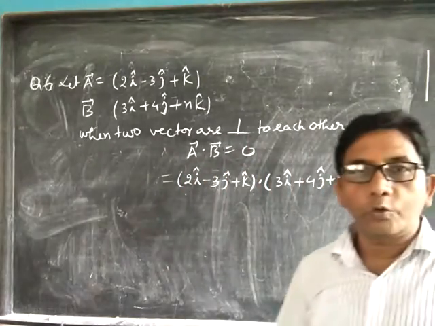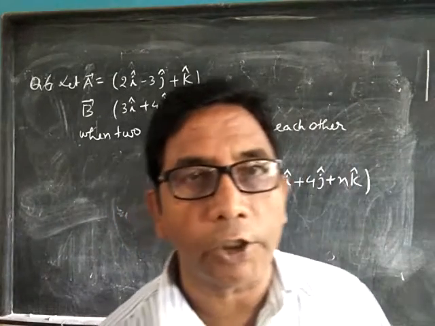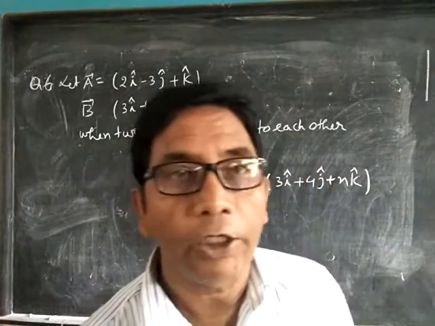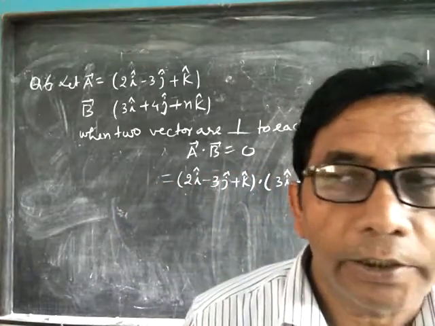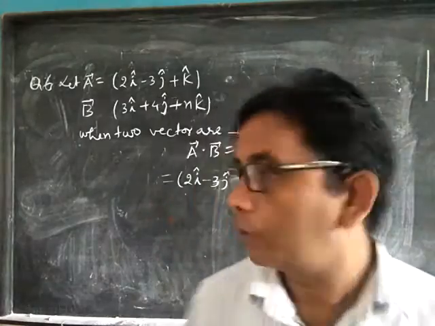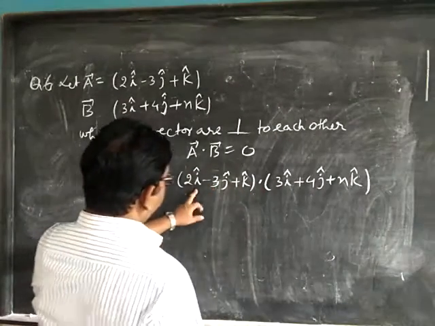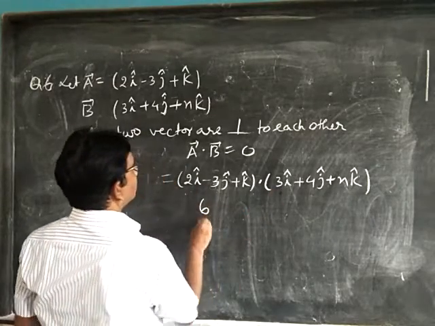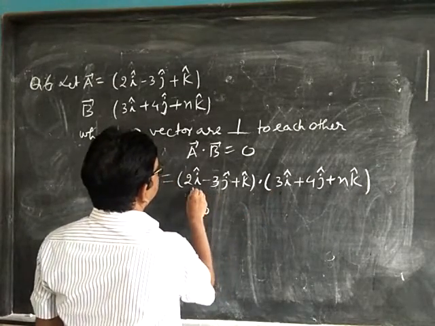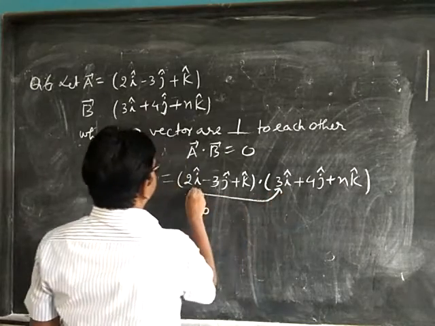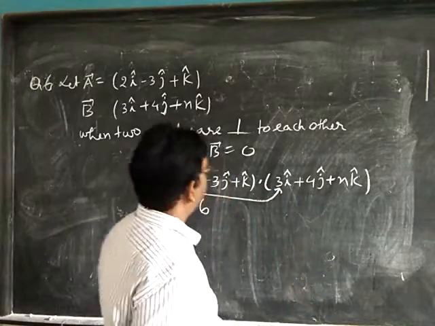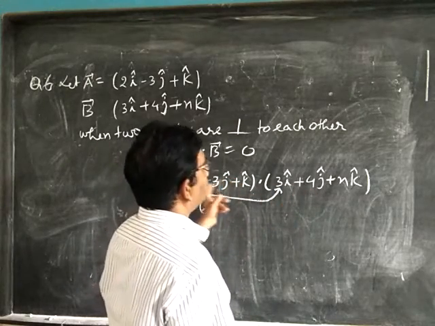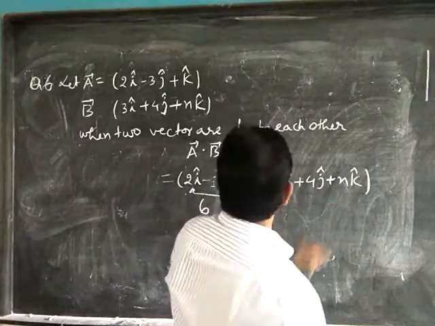Now we know that i dot i is equal to j dot j is equal to k dot k is equal to 1, and i dot j is equal to j dot k is equal to k dot i is equal to 0. Thus when i dot i, this gives the result, that is 2 3 are 6, and we will multiply this by this, because i dot i is equal to 1 but i dot j is equal to 0 and k dot i or i dot k is also 0.